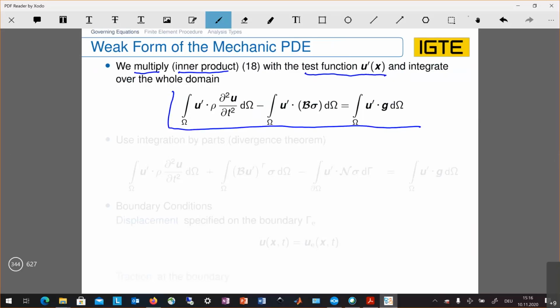Now, we just have to be a little bit careful. How can this be the case? We have 3 unknowns, the x, the y, and the z component of the mechanical displacement. With the dot product, we just get out one equation.